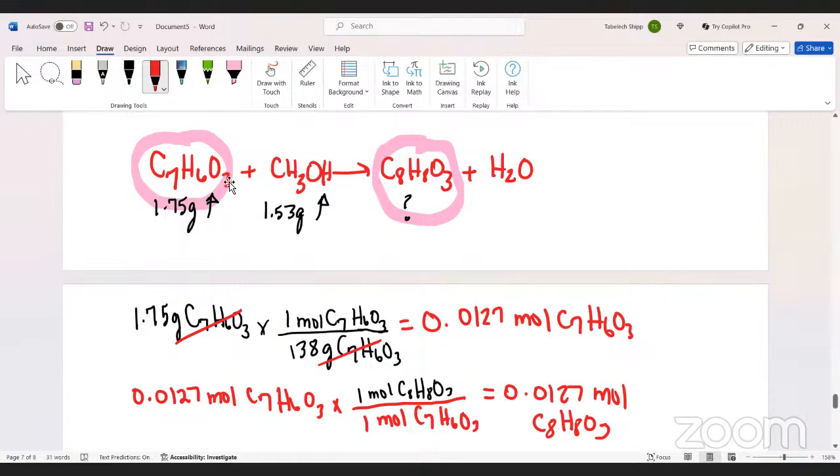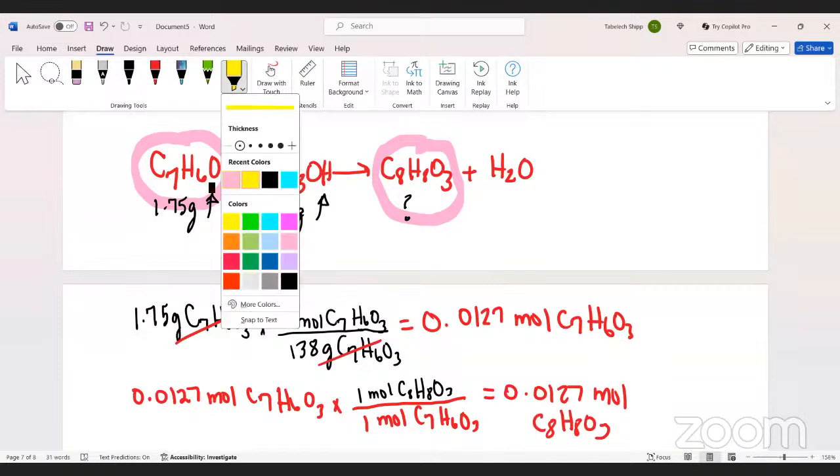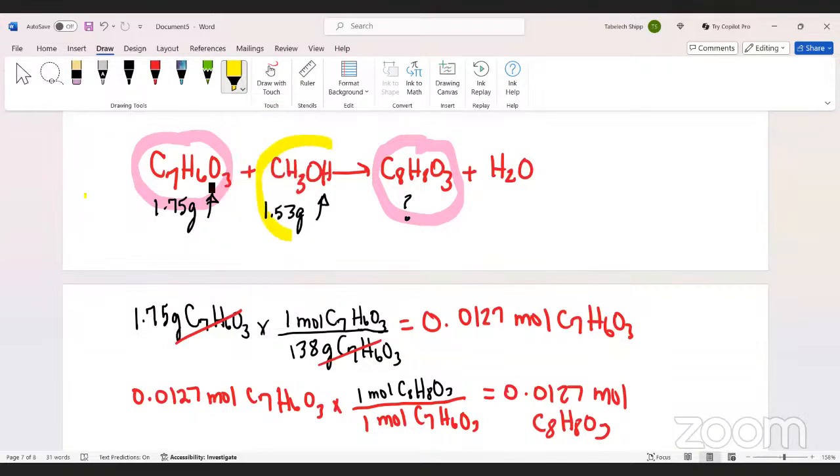Now, we're going to do the next one. I'm going to put that in a different color so you can see the variations, okay? So this next one right here, the one that's in yellow, I'm going to compare that number to this one still, the C8H8O3. But in order to do that, I've got to find the grams of this converted to the moles, okay?